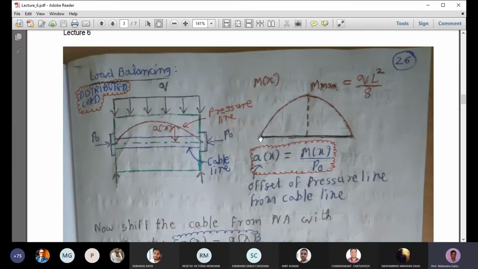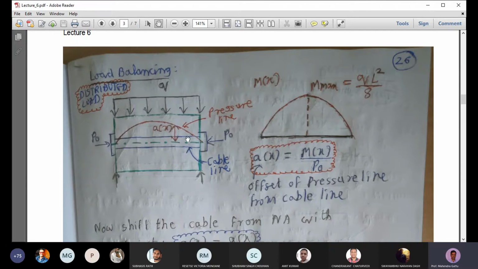So at the left-hand and right-hand ends, we have zero bending moment, and we have a parabolic profile. At the center, we have the maximum bending moment, and that is equal to W L square by 8. So here Q L square by 8. Okay, so that's the maximum bending moment.